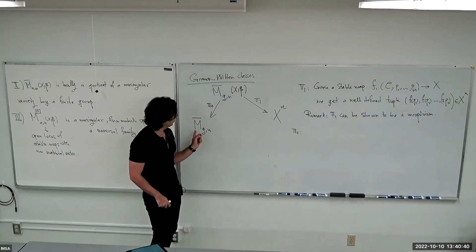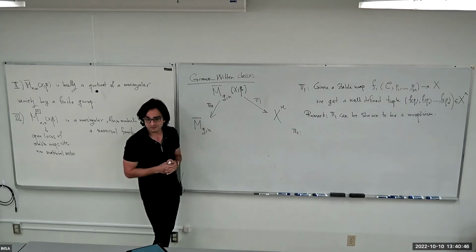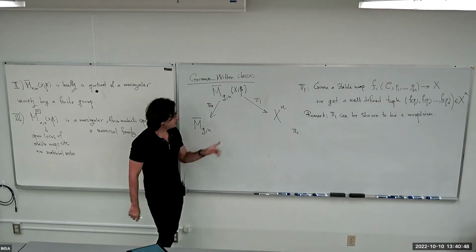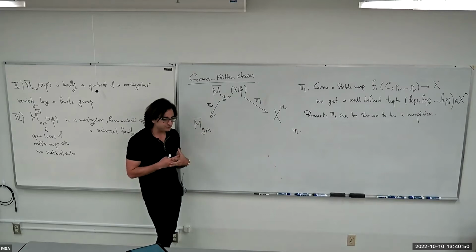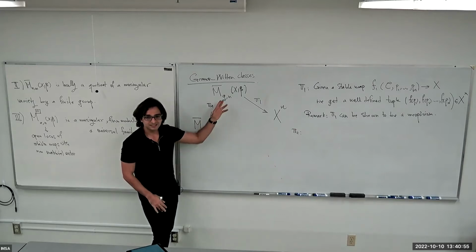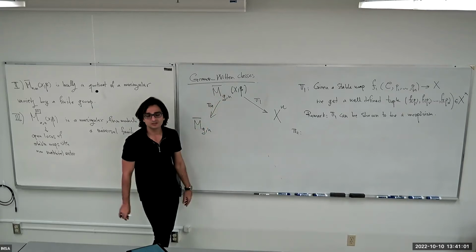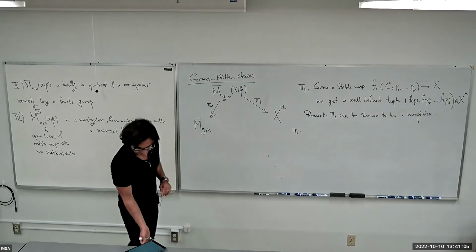So as you go down to this component, you need to collapse them. Otherwise, you land on unstable curves. So this map is non-trivial. In the interior of the moduli space, it's just an honest forgetful map, no problem. But on the exterior, where you're sending stable maps to stable curves, after forgetting the map, you need to collapse unstable pieces of that curve. Okay, so this is that forgetful map.